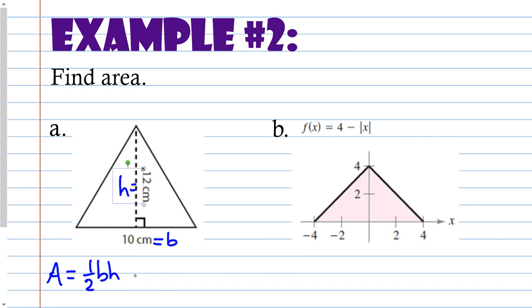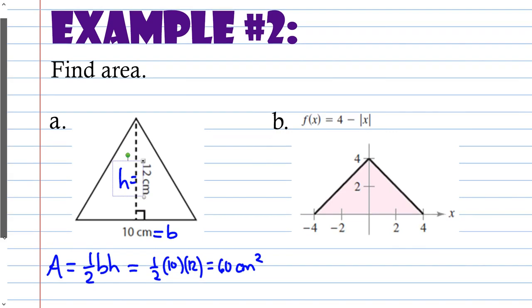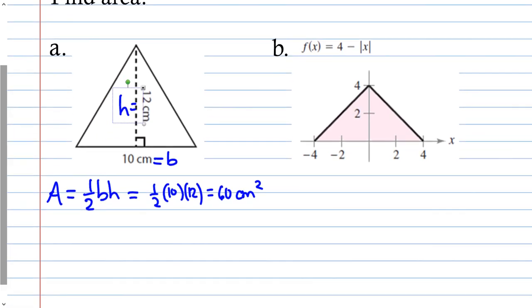So if I want to find the area, it would just be 1/2 times 10 times 12. Half of 10 is 5. 5 times 12 is 60. And this is once again centimeters squared. Cannot forget my units.